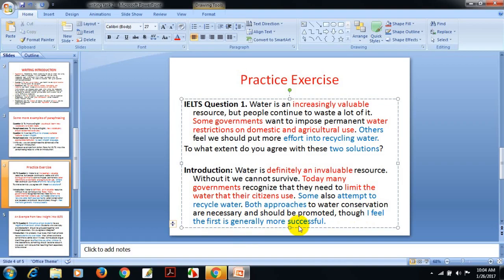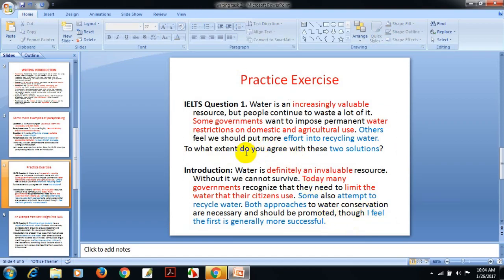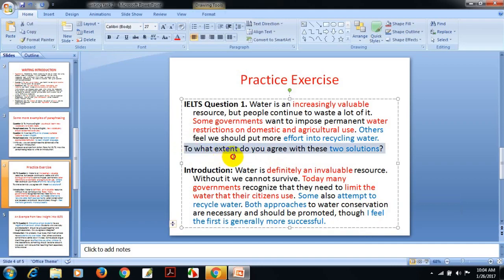The first means restricting the use of water. To what extent do you agree? I feel, look here, to what extent do you agree with these two solutions? What is said here, the student has said, both approaches to water conservation are necessary.